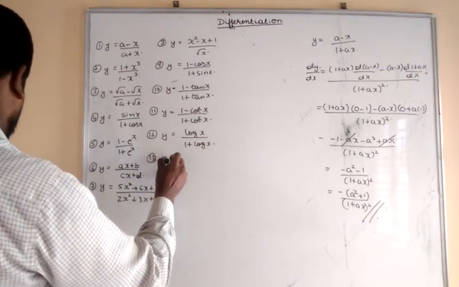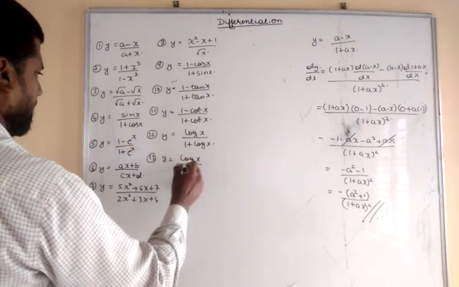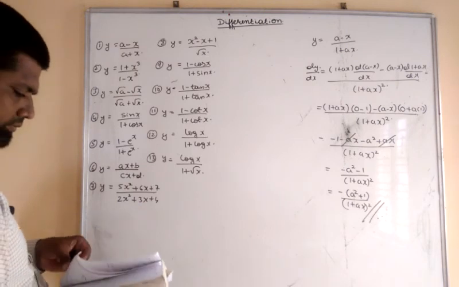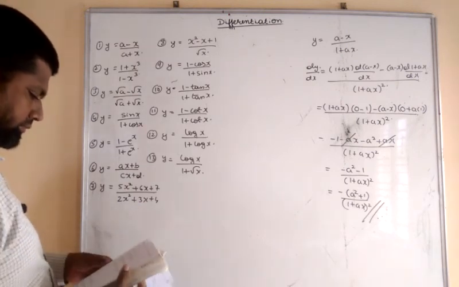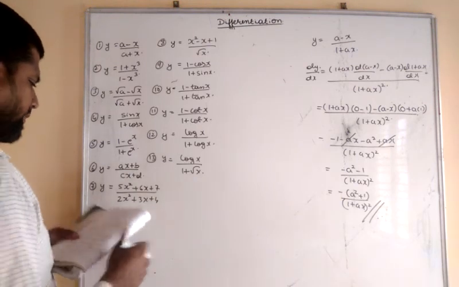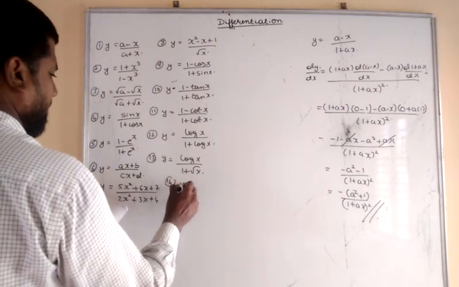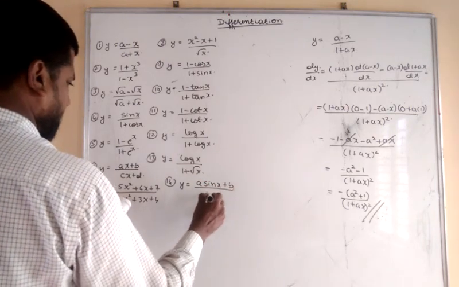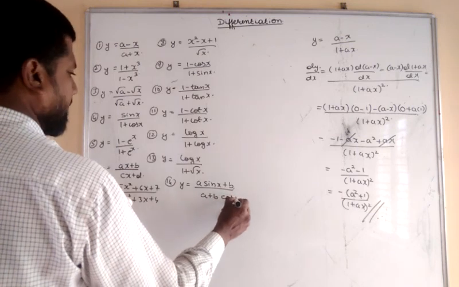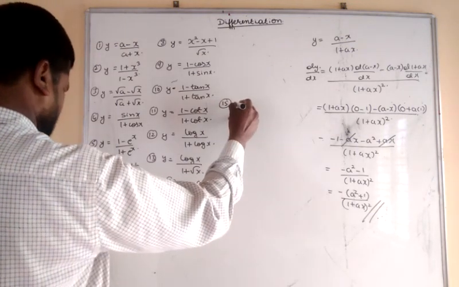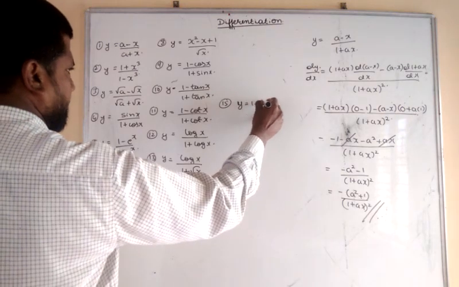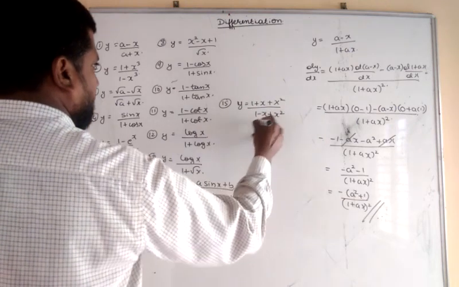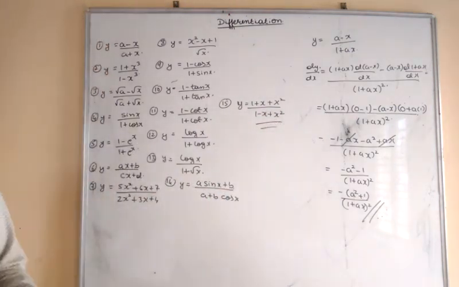And 13th one, log x by (1 plus root x). 14th one, y is equal to (a sin x plus b) by (a plus b cos x). Last problem, 15th one, y is equal to (1 plus x square) by (1 minus x plus x square). So these are the 15 problems you have to solve as an assignment.